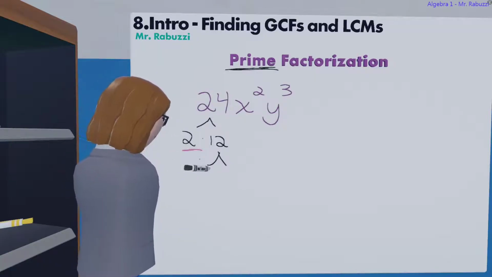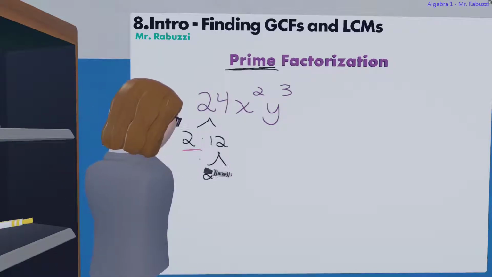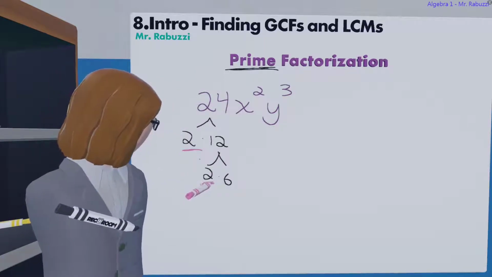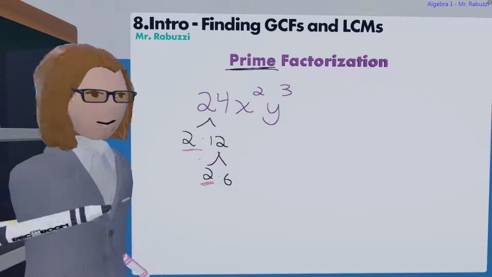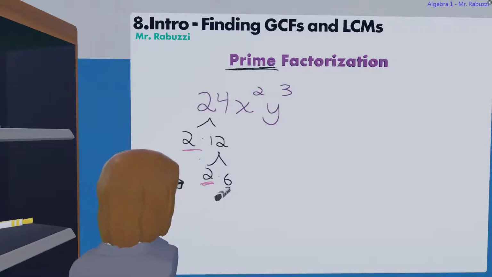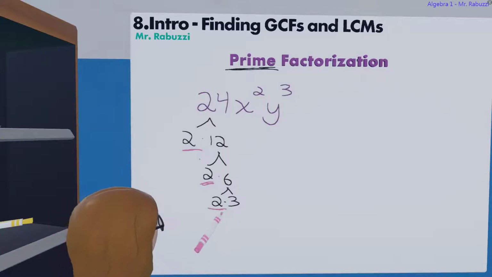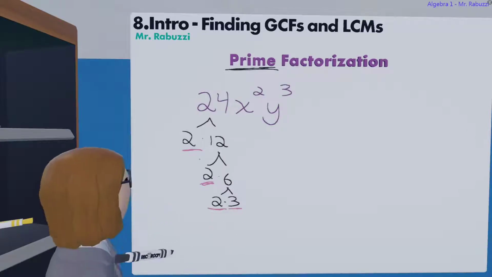It's even again, so 2 times 6. All right, 2 is prime. 6 is not. We need to split the 6. It's another even number, so it's going to be 2 times 3. Now we know 2 is a prime number, and we know that 3 is a prime number.